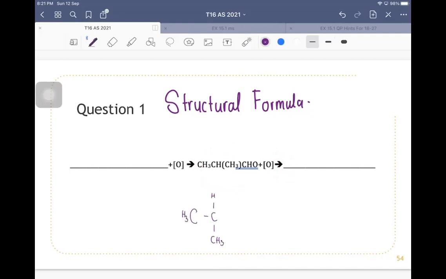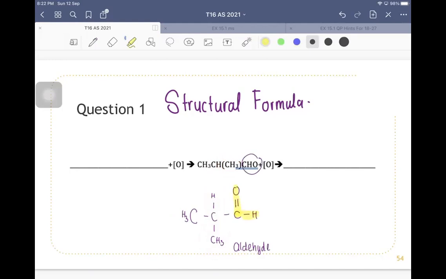So I've got my CH3 and then I've got my CH, and CH3 is in a bracket, so that means my CH3 is a side chain. To continue, I have CHO. Whenever you see CHO, that is a hint that it is an aldehyde. So I will just write aldehyde here, highlighting the functional group.